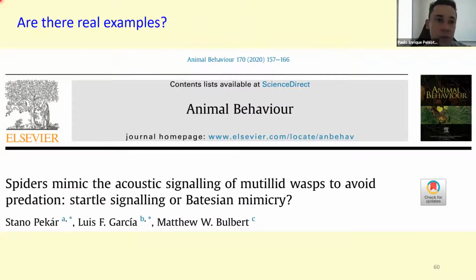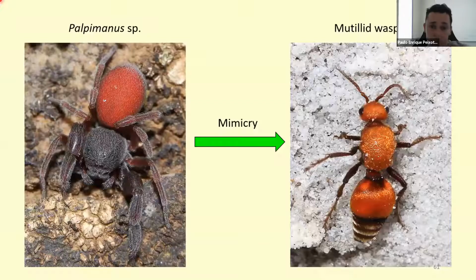So I searched for some articles in Web of Science. I came up with this one that was published in 2020. And the authors here were interested in investigating whether some species of a spider genus were able to mimic mutillid wasps, okay? Specifically, they were investigating this relationship.